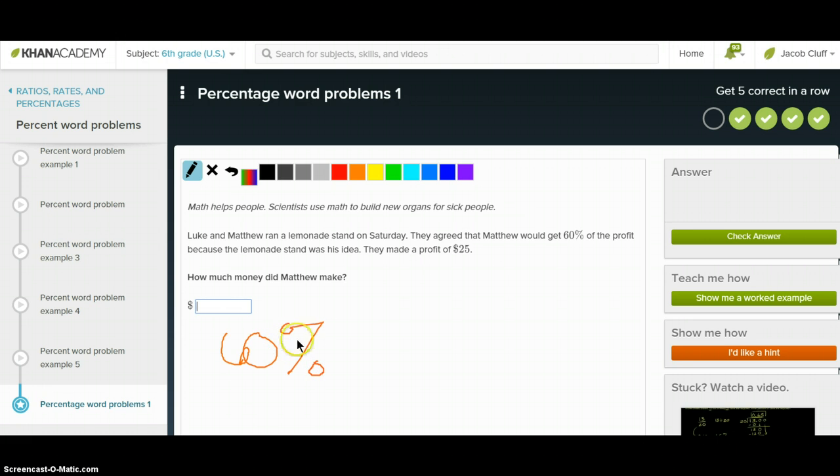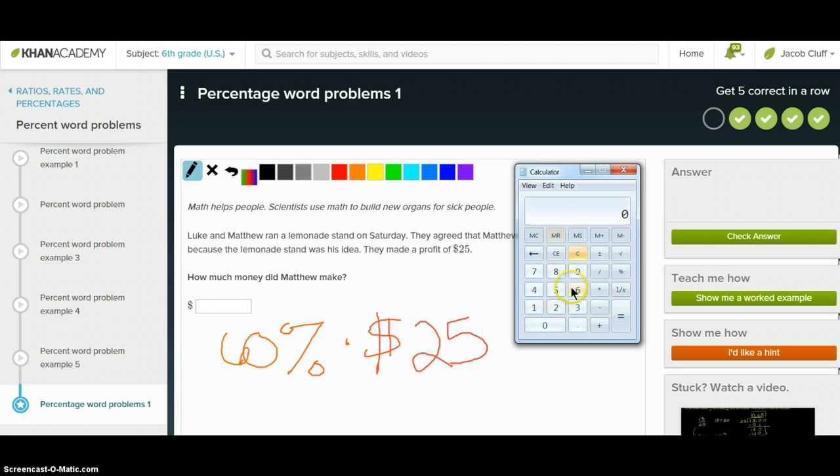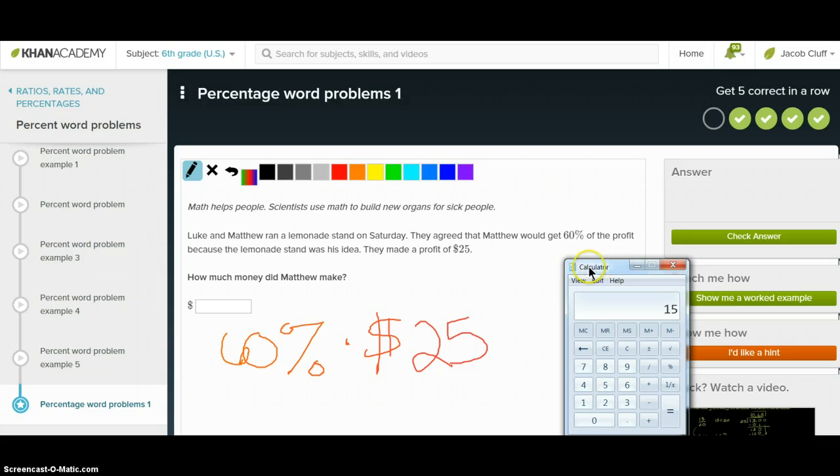And they make $25 total profit. So in this case, we don't have to set up a ratio or anything. We can just multiply 0.6 times 25, and that will give us our amount. Alright, so the total profit they made together was $25, and of that $25, Matthew is getting 15.